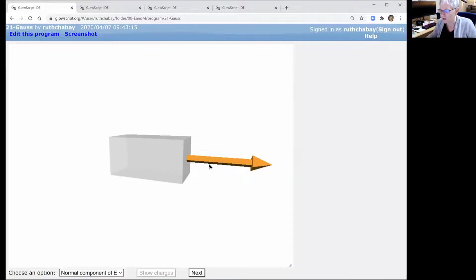If you had the field pointing outward, you said that was probably due to positive charge. If it pointed up, that indicated that there wasn't charge inside the box making that, maybe. If it pointed inward, that looked like negative charge. So the angle is actually important. So we need to quantify this angle.